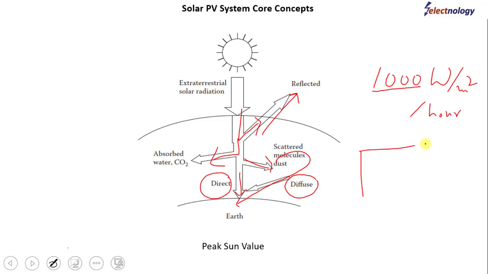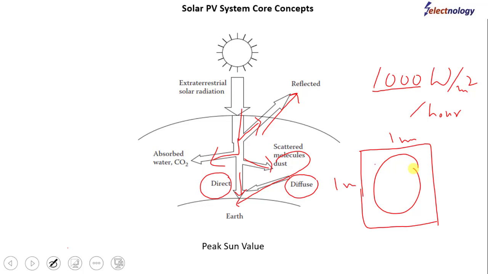If there is an area of 1 by 1 meter, the sun energy being received in this complete area shall be 1000 watt hours, or in other words, one energy unit is received by 1 meter square area at a particular location, and this is an average value.